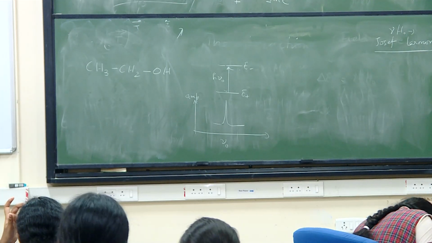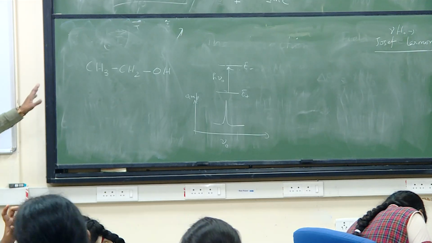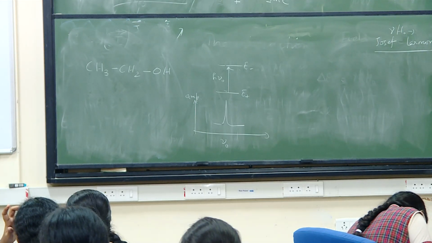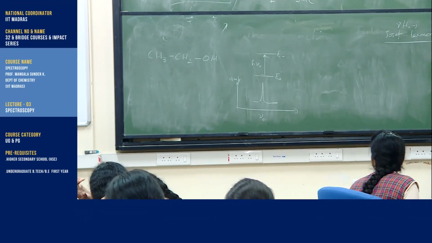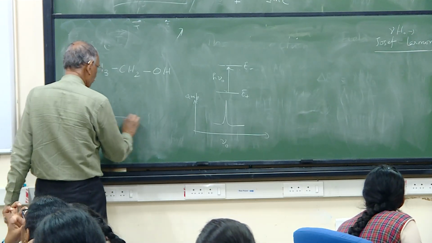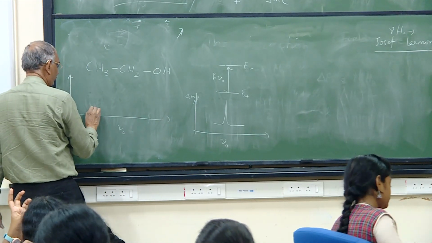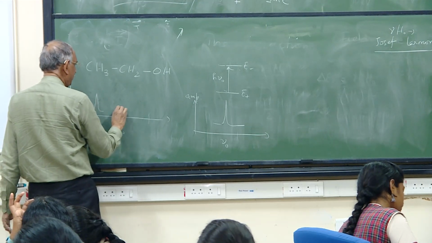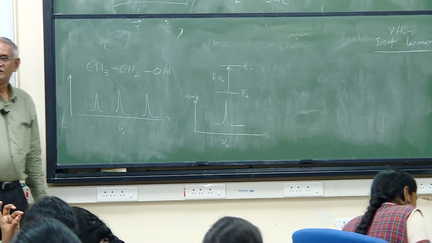And if you look a little more carefully, each of these lines was further split into smaller lines. So in proton magnetic resonance, when you plot it against the frequency nu naught, you get one line here, another line here, and another line here. Why is that?